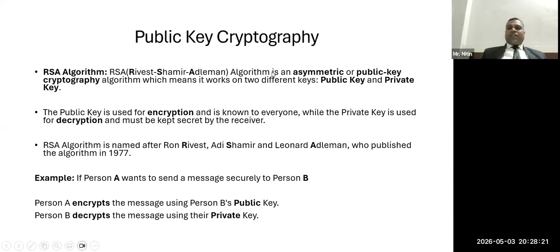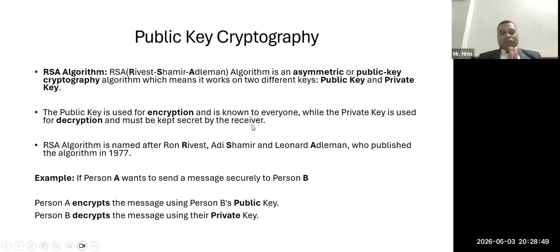Number one is the public key and number two is the private key. The public key is used for encryption and is known to everyone, while the private key is used for decryption and must be kept secret by the receiver.